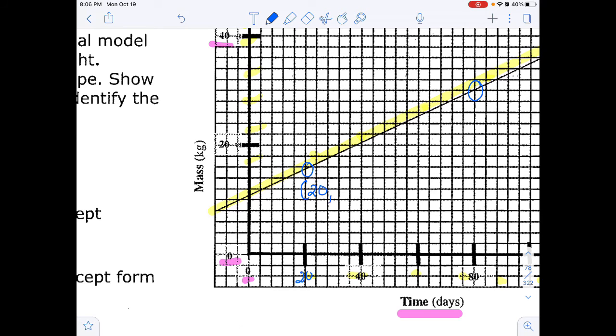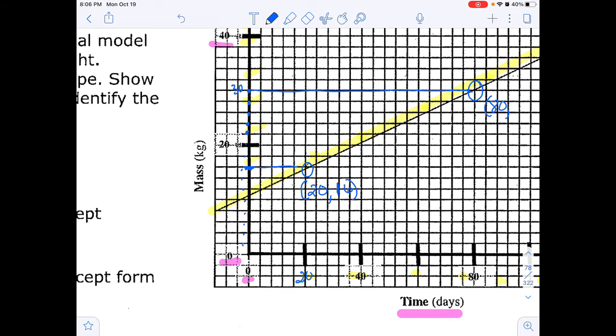At time 20 seconds, this object's approximately at 2, 4, 6, 8, 10, 12, 14, 16, 18, 20. So at 20, 16. And this one up here is at 80 days, 2, 4, 6, 8, 10.